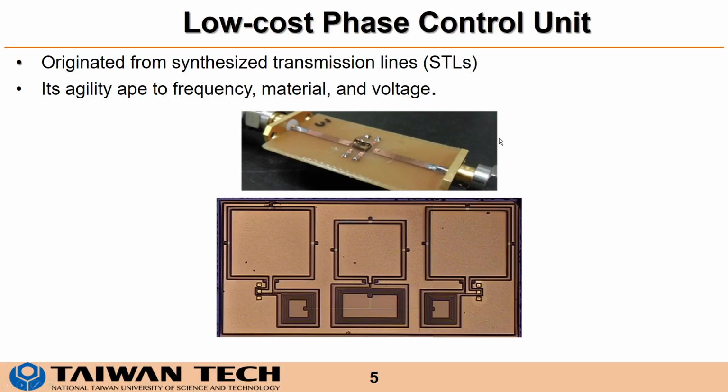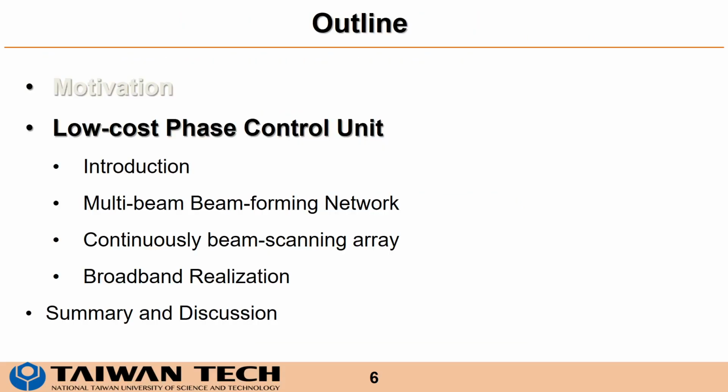The upper figure is a PCB version, while the lower one represents the on-chip fabrication version of the phase control unit. In the next section, I will show you the working principle of low-cost phase control units, their properties, and the beamforming networks that are developed from this fundamental element.